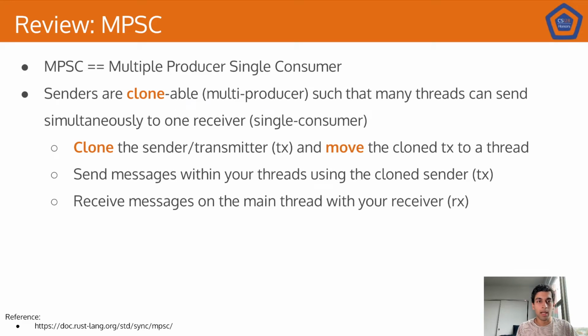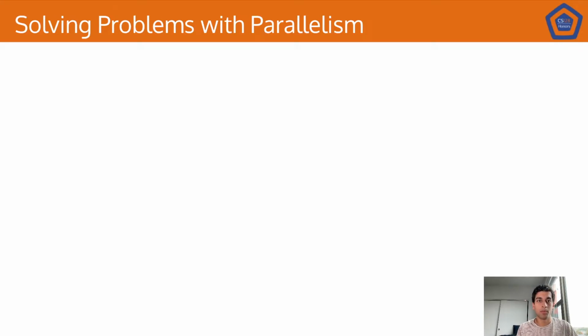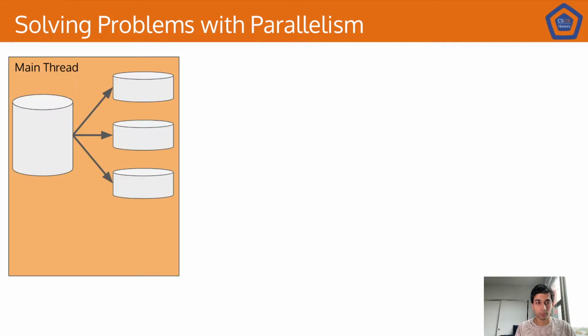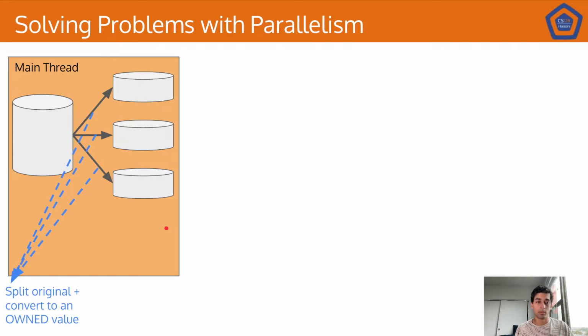Okay. And then we talked about how to solve problems with parallelism and MPSC channels. So we have our main thread with some large piece of data, and we split it up into these chunks. We'll talk more about why we want to split these up today. We said that we want to split the original data and convert it to an owned value.